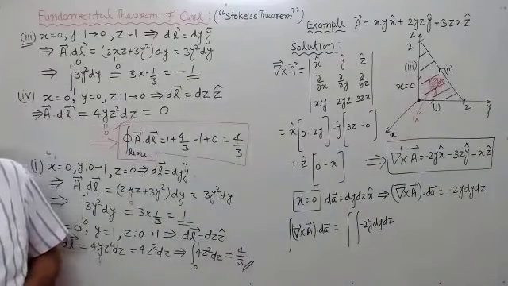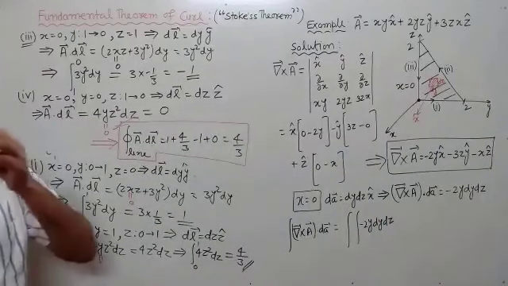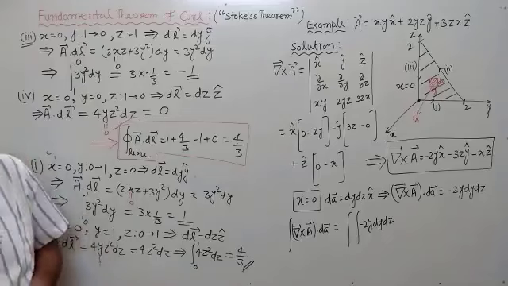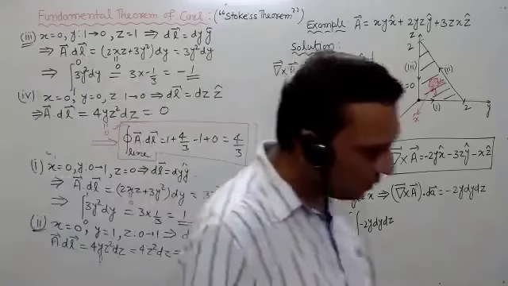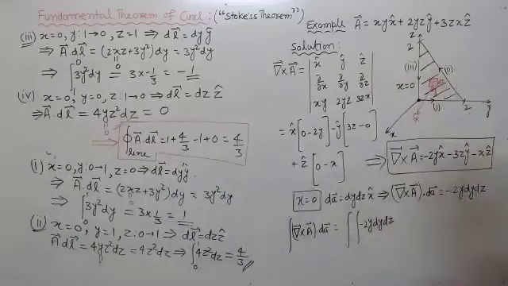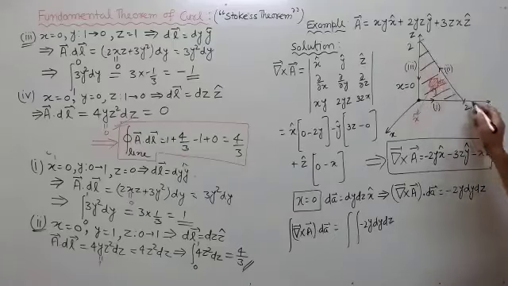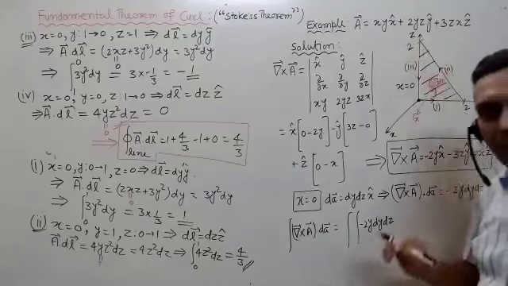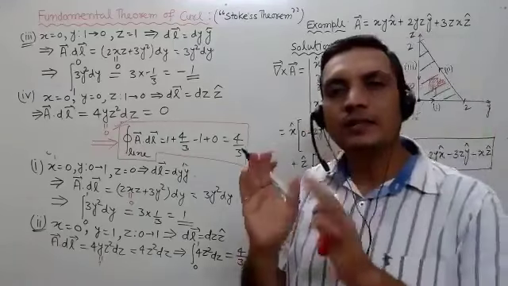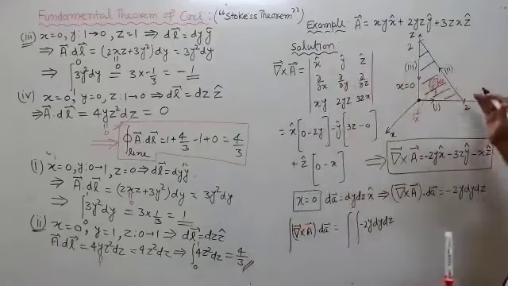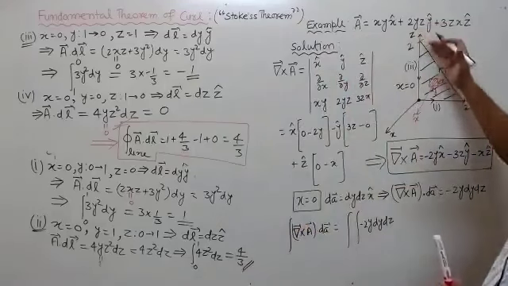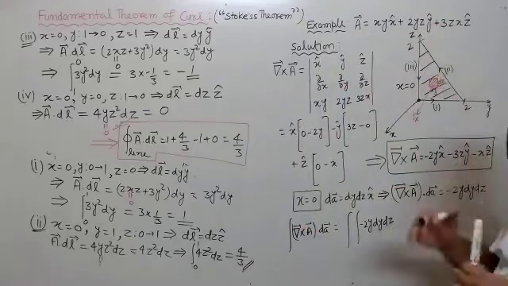Let us calculate the limit of y, 0 to 2, and z, 0 to 2? No. In this case, you can see y and z are dependent. If you have a square loop, then y and z are constant. But here, because of the triangle, y and z are dependent. So you have to find the relation.